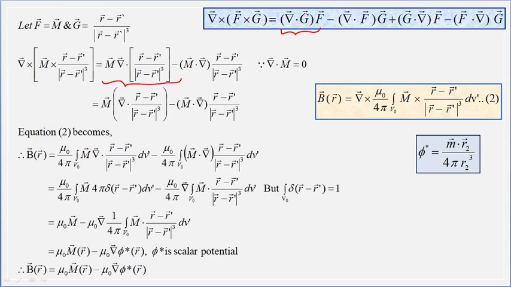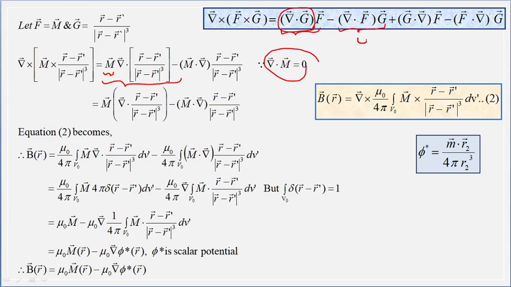Now del dot G is a scalar quantity, so F you can write before or after vector F. In this case I have written F first. F is vector M and this del dot G, where G is R minus R dash divided by modulus of R minus R dash cubed. This we have written. Then this part is 0 because del dot M equal to 0.